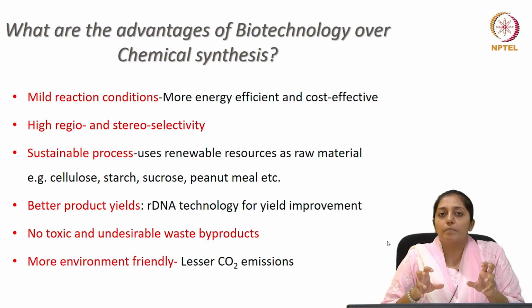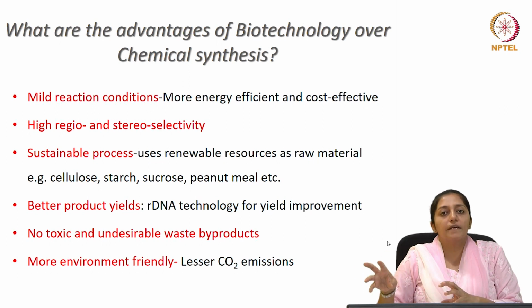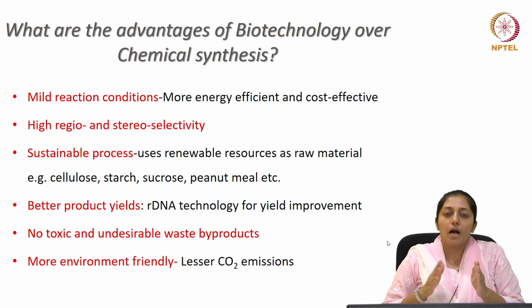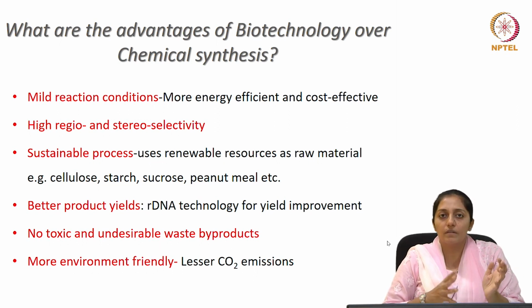So that's one example where if a natural or biological reaction is carried out, it can desirably produce the right isomer of the product. However, in chemical reactions, there is less control over the kind of isomer which can be obtained.